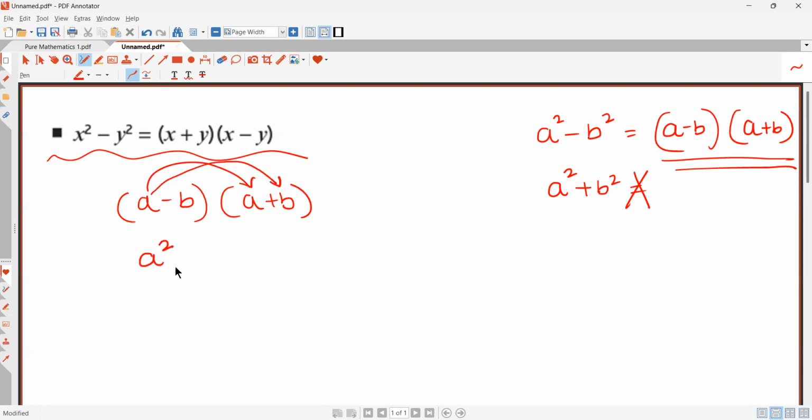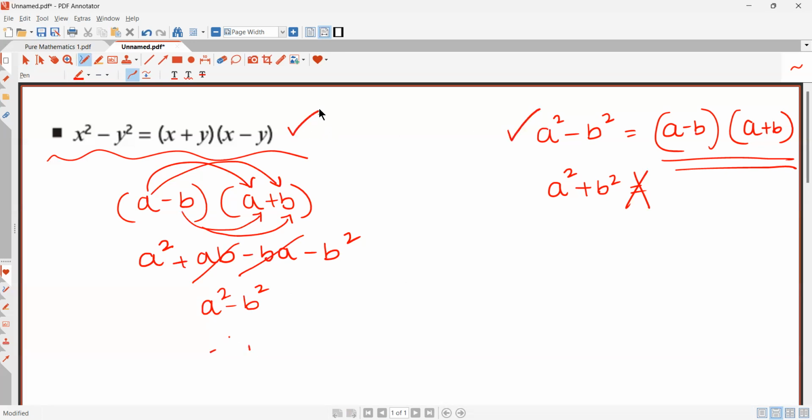A multiplied by b is plus ab, minus ba, minus ba, then minus b square. Understood this? Minus ba and plus ba get cancelled. What are you left with? A square minus b square. Therefore, we write this or we write this.